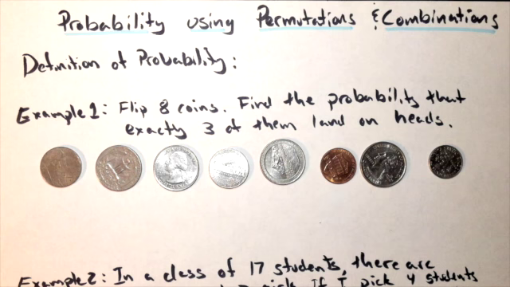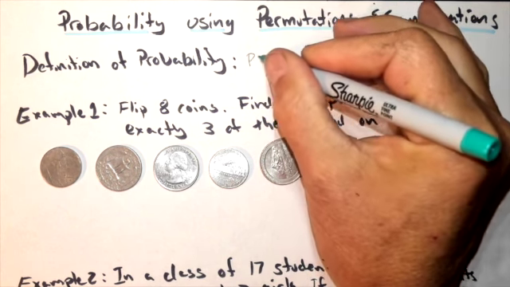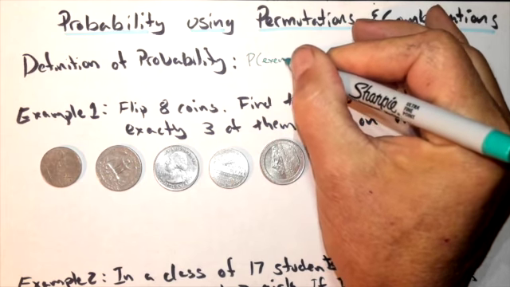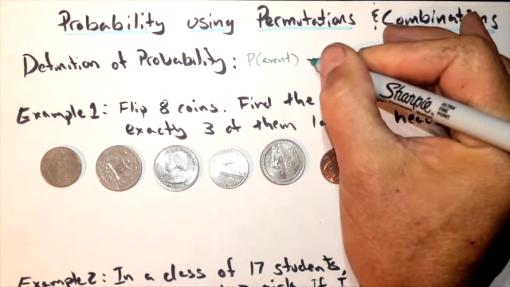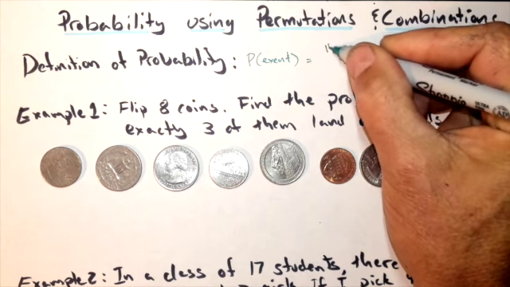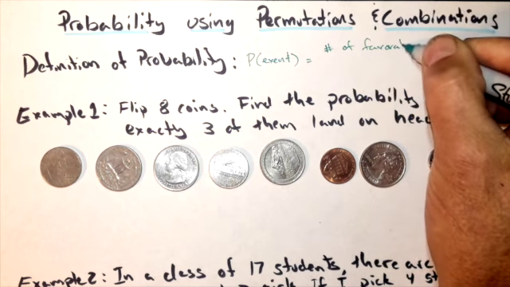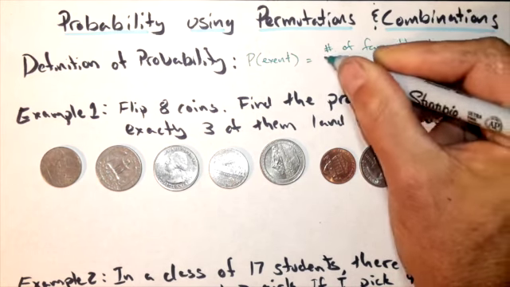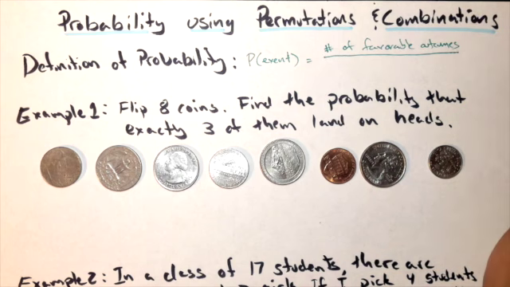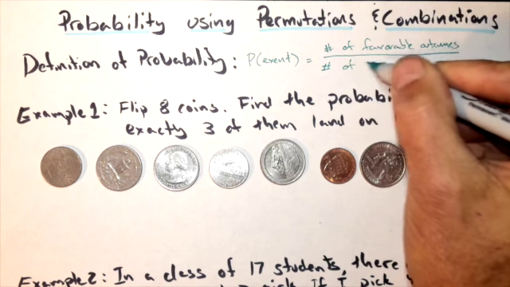The definition of probability. Remember that the probability of some event equals what we call the number of favorable outcomes divided by the number of possible outcomes.